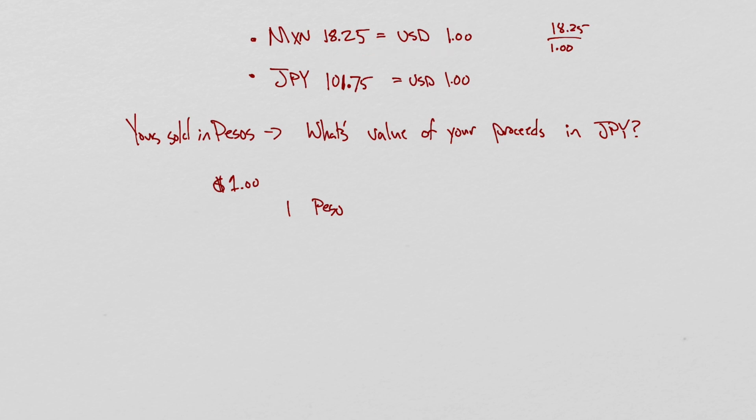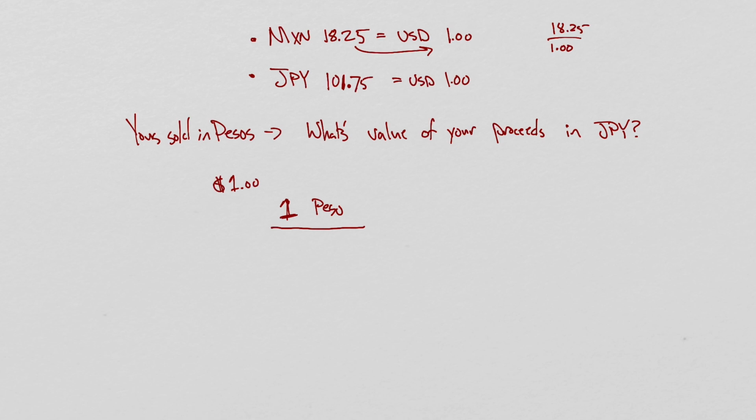So if we're going to go the other way, 1 peso, we should get something smaller. If we're going to go from dollars to pesos, the number is going to be bigger. But if we're going to go from 1 peso to US dollars, that number is going to be smaller. So that's how I kind of know that if I'm going to go from pesos to dollars, I need to make it smaller. I need to divide that amount.